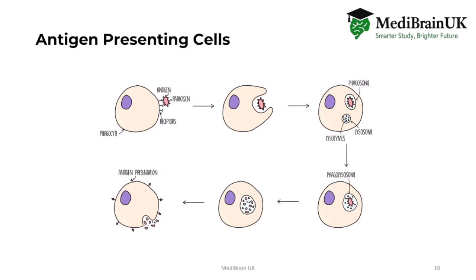That stimulates the T cells to undergo mitosis and make a lot of copies of themselves. And when they've made many copies, they can then tell different cells to differentiate into different things. So some will stay as T helper cells, some will differentiate into phagocytes, some will become memory cells, and some will turn into cytotoxic T cells.